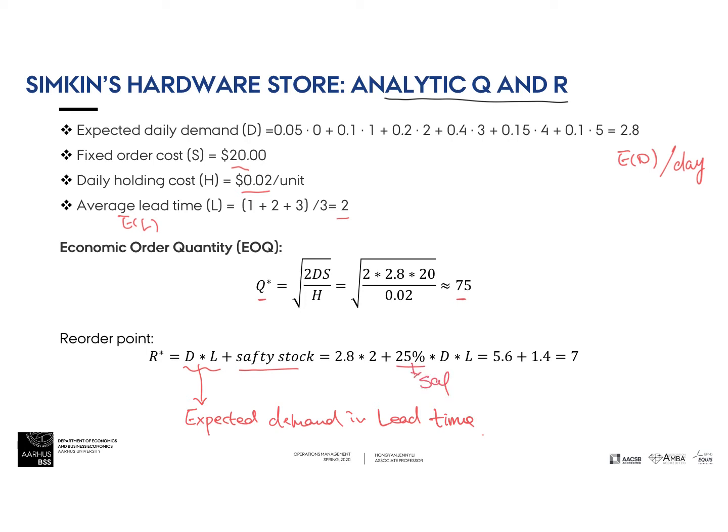If we see the safety factor equals 25%, then you multiply it by the expected demand in lead time, and that's the safety stock. You add them together and you get 7 units as the reorder point.